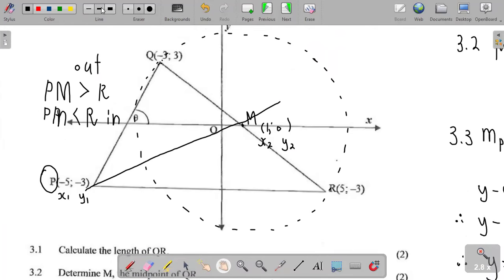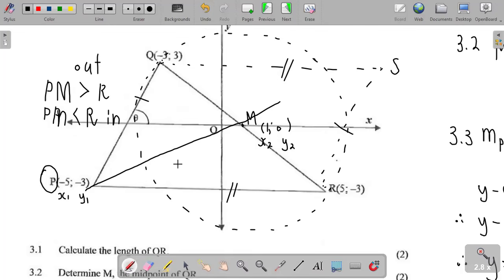Okay, so it means that if it's a parallelogram, it's going to be something like that, and S is going to be somewhere there in the first quadrant. So what does that mean? It means that the opposite sides are equal if this thing is a parallelogram.